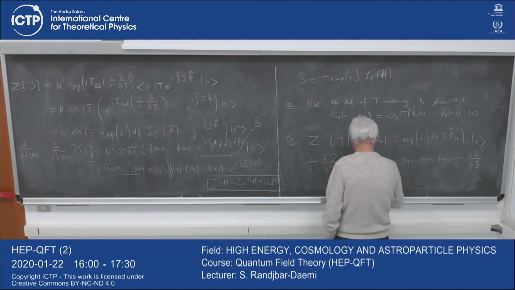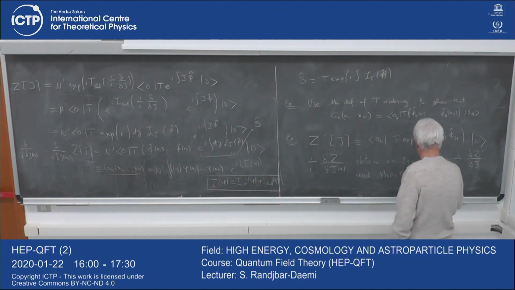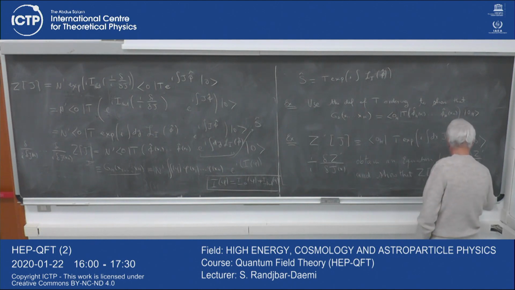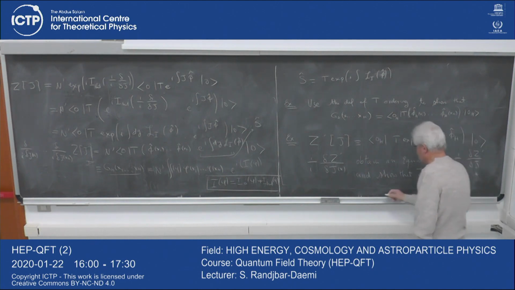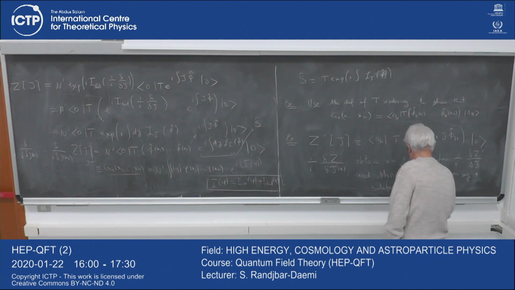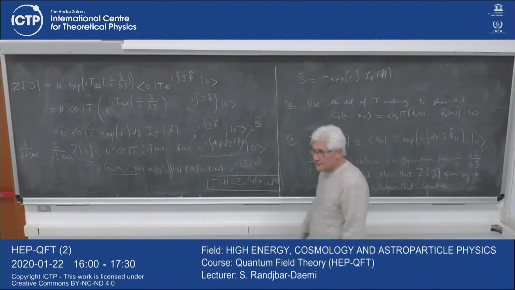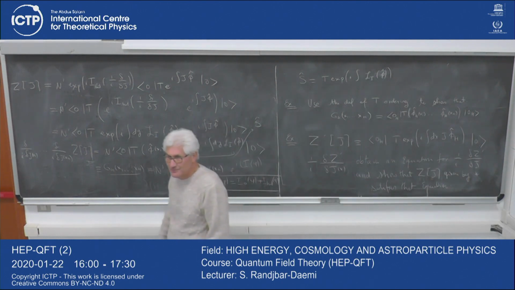And show that z of j given by star satisfies that equation. Is the exercise clear?